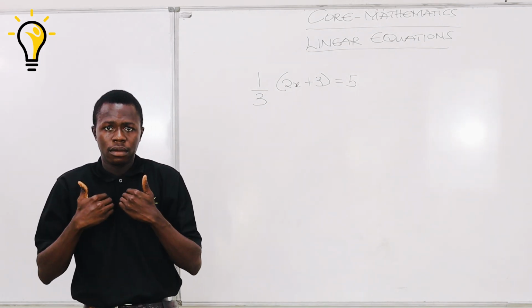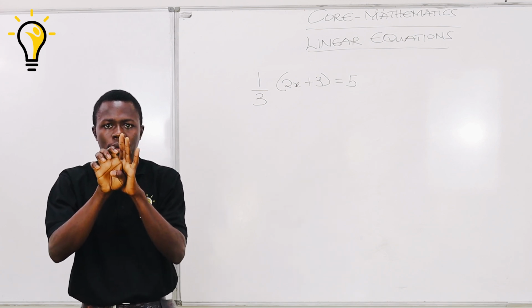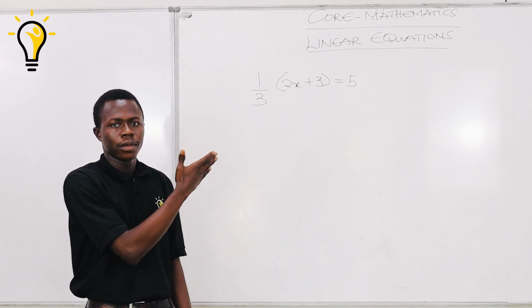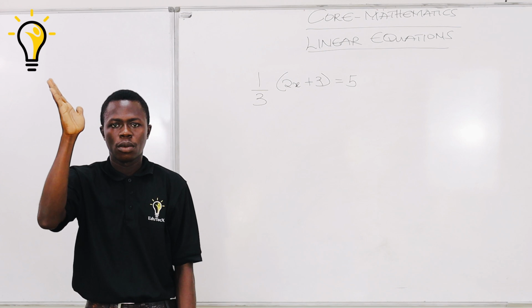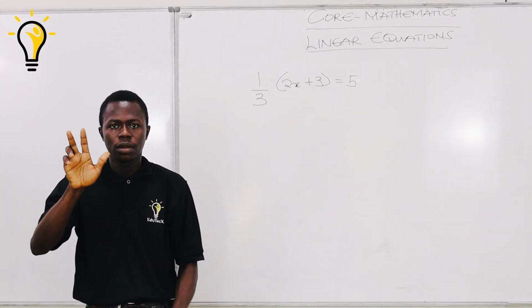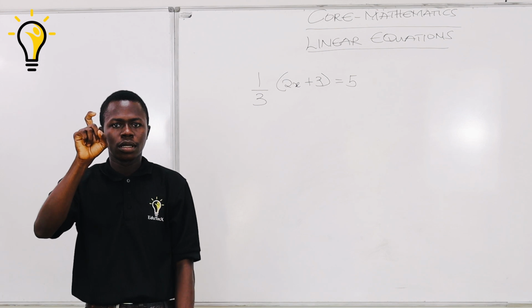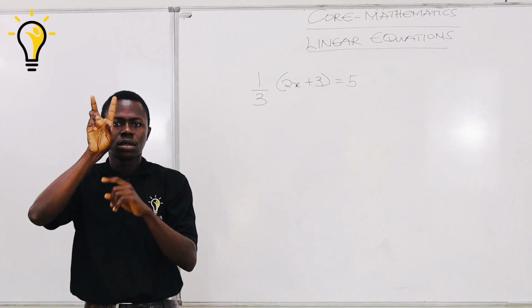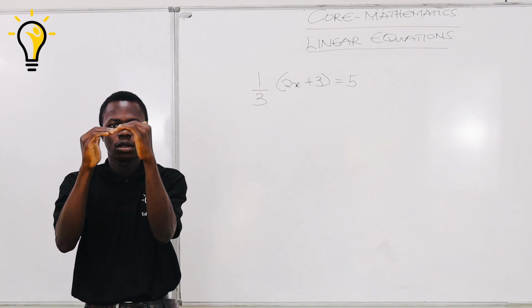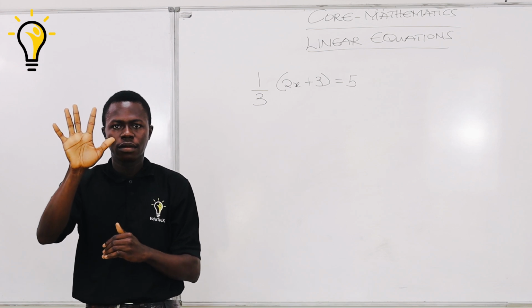So you can have an example like the one you see on the board. That is 1 divided by 3 in one bracket, 2x plus 3, equals 5.